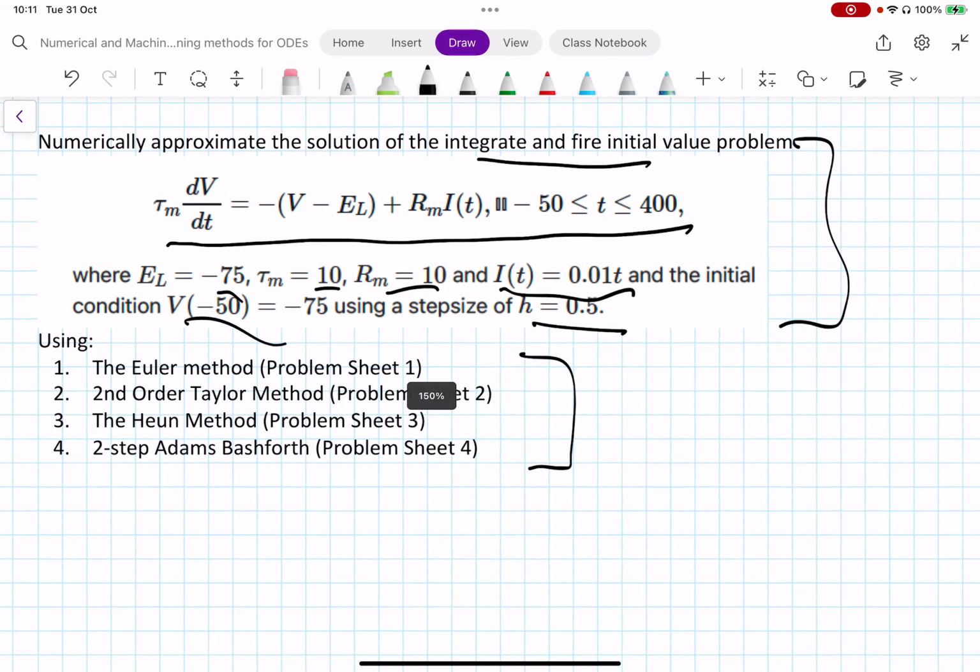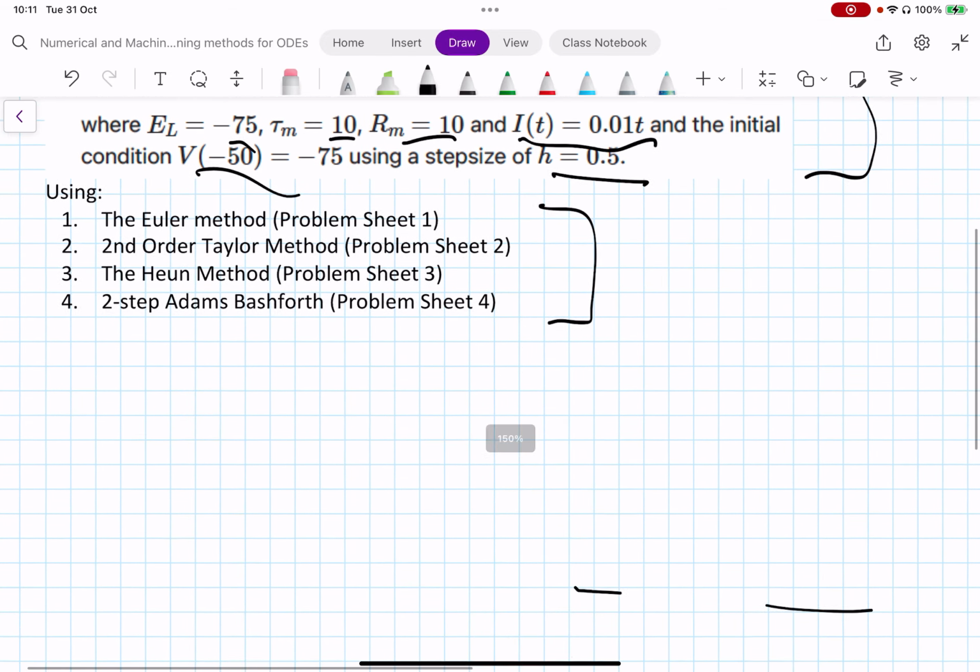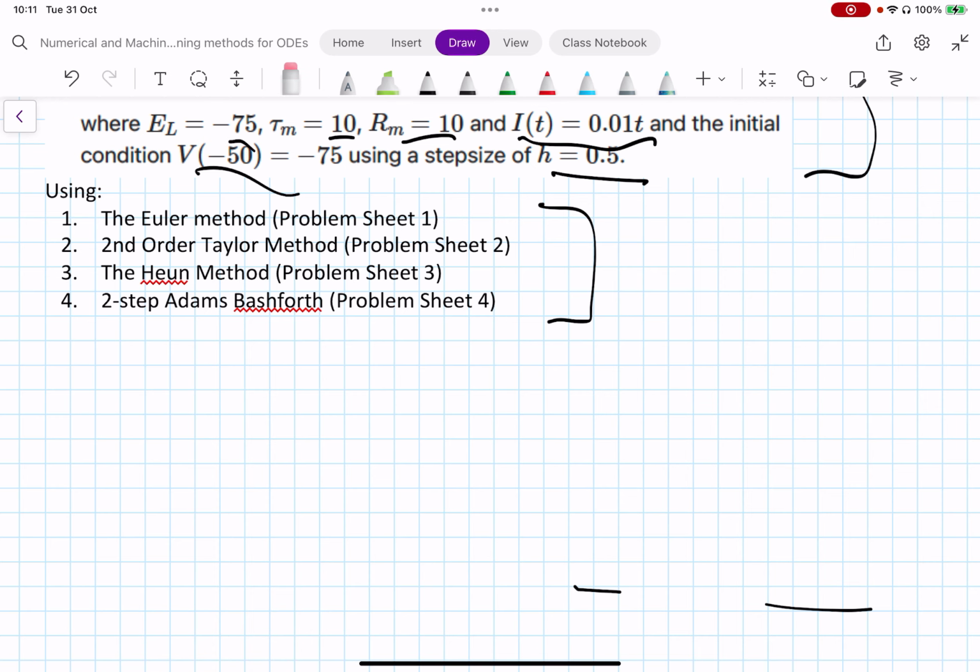size of 0.5. And I've asked you to look at, for the Euler method, which I've done, but I'm going to redo, the second order Taylor, the Heun method, which is a second order Runge-Kutta, and the two-step Adams-Bashforth. So the one thing that is general for everything is the discrete domain.